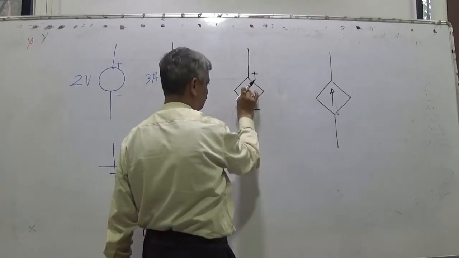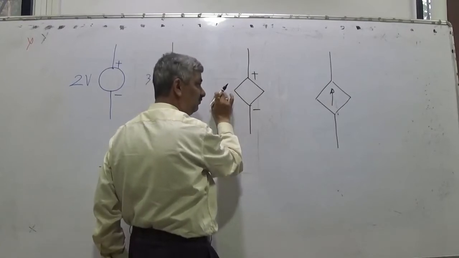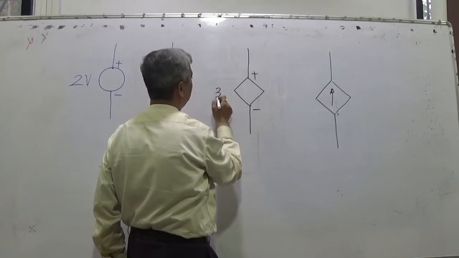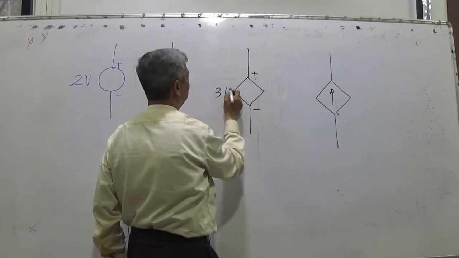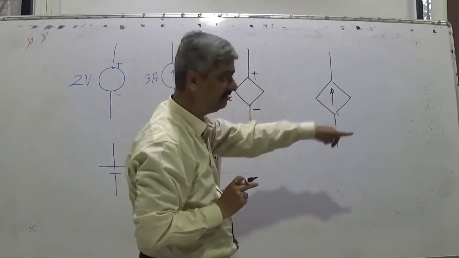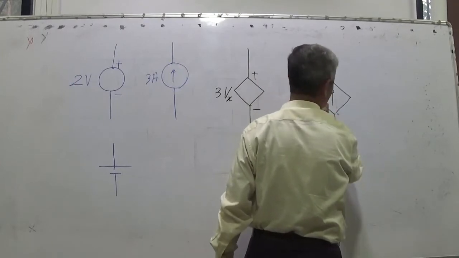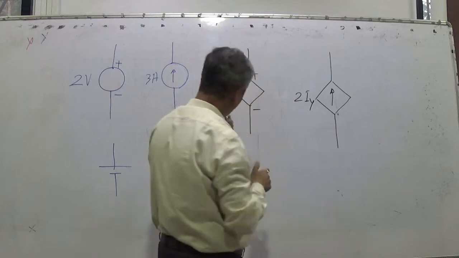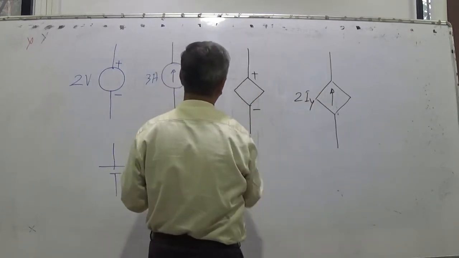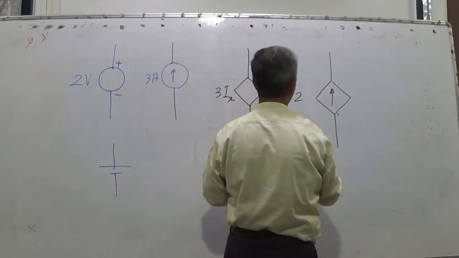It is a dependent voltage source, it is a dependent current source, and its value should be some constant, maybe 3 times Vx, where Vx is shown elsewhere in the circuit. This may be 2 times Iy, where Iy is some other current. It need not be 3 times Vx, it can be 3 times Ix also, where Ix is some other current. This can be 2 times Vx also.